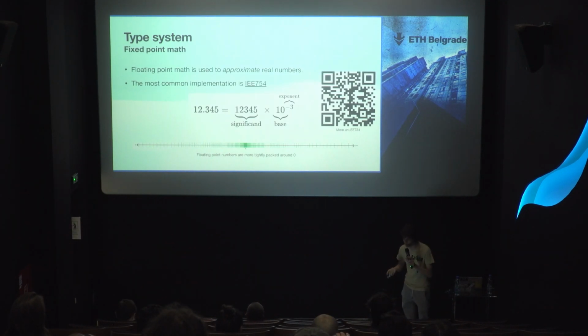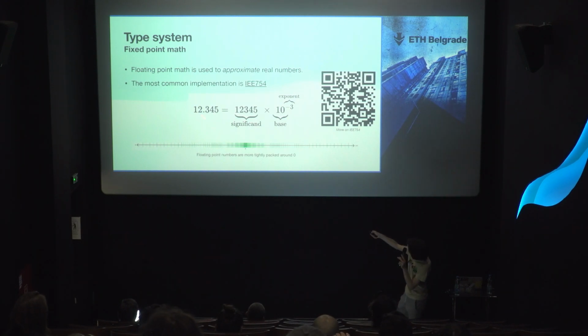So, who here knows how floating point numbers work? Okay. So, floating point numbers are used to approximate real numbers. The most common implementation is IEEE 754, where we have a significand, a base, and an exponent.